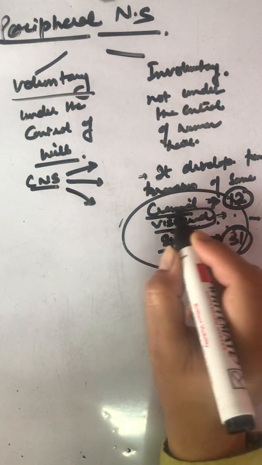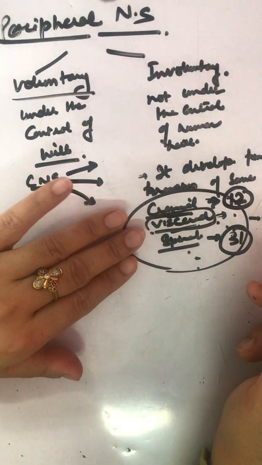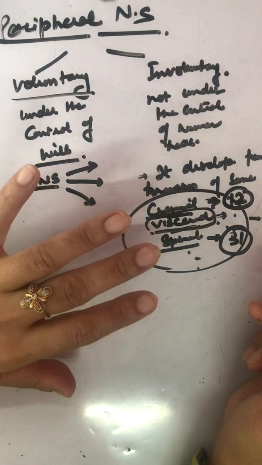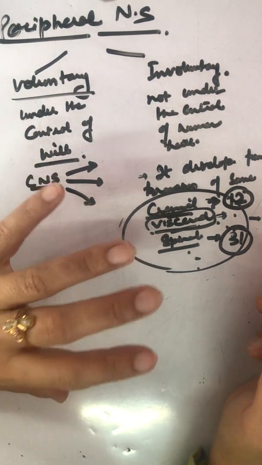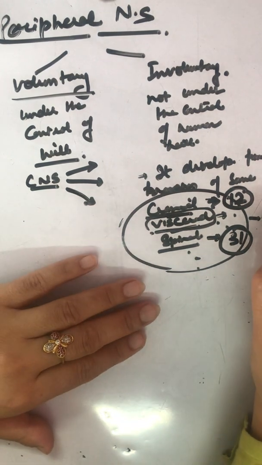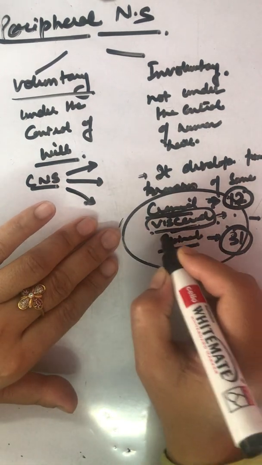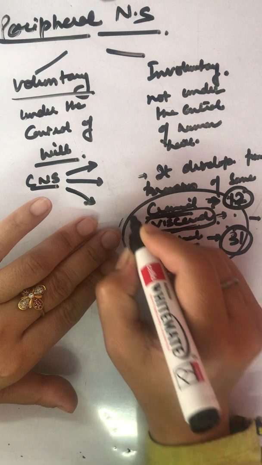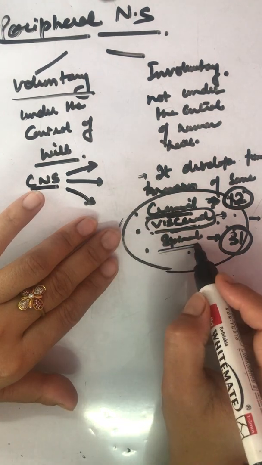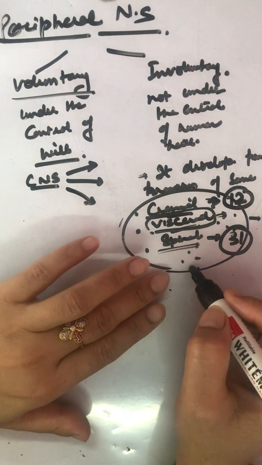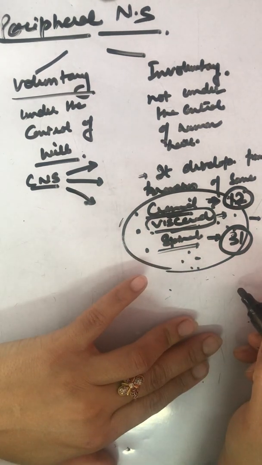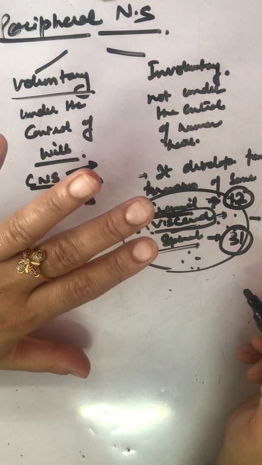Visceral has no pair concern because these are many and have to go to the kidneys, heart, urinary bladder, blood vessels, glands, and they have to specifically control a set of nerves. So we always say visceral means connectors, sort of. Spinal are always mixed. Why? Because spinal will receive sensory also, and spinal will give motor also. Cranial are fixed, 12.